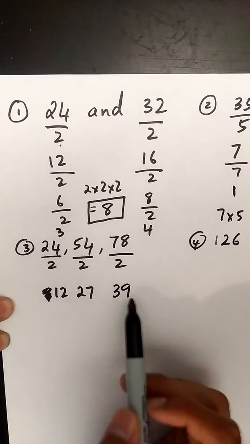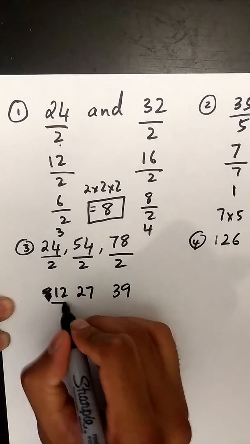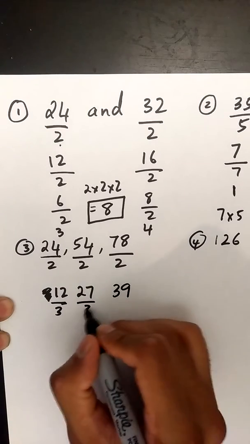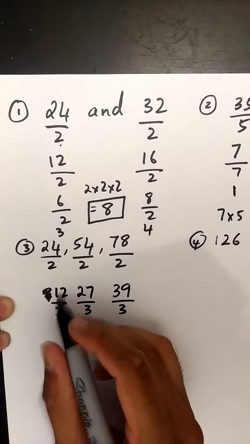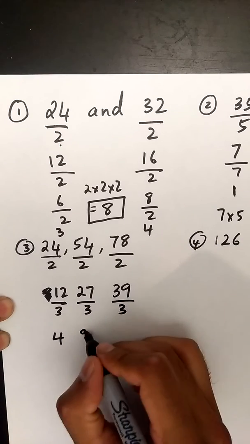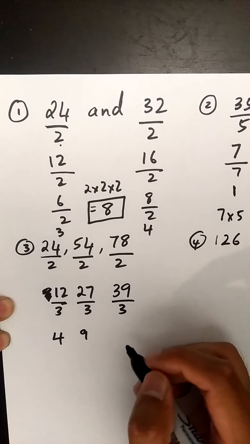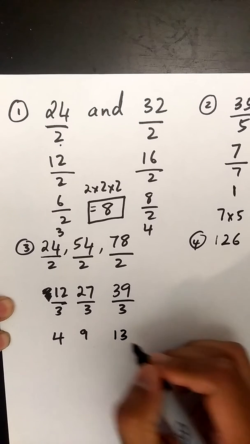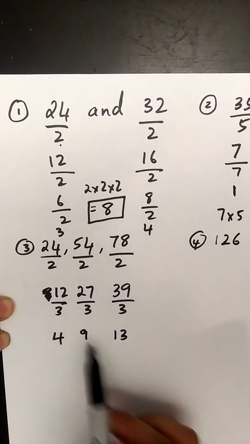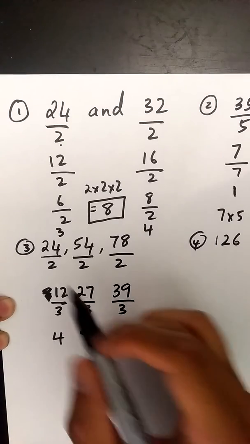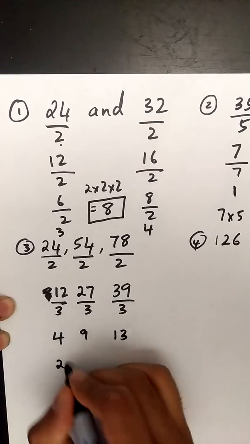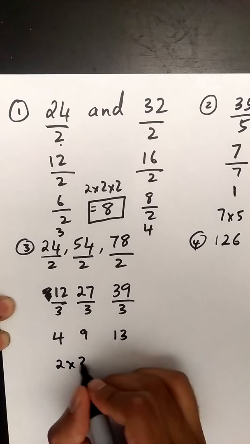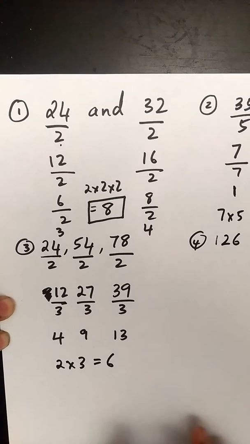I know I can't divide them all by 2, but I can divide them all by 3. 4, 9, 13. Now I know I can't divide all these 3 numbers by the same number, so my greatest common factor is 2 times 3, 6.